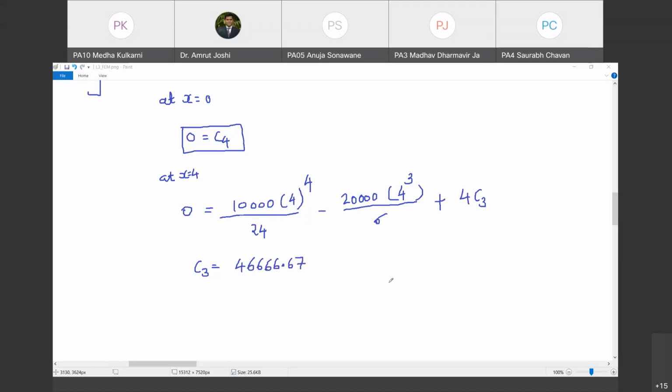Okay, I need independent confirmation. Someone else has to calculate this and you have to unmute yourself and tell me that it's correct. Or you can reply in chat box. Is this value of C3 correct? Chalo, Medha, please calculate, let me know. I am waiting for response. Yes, sir, just a minute.